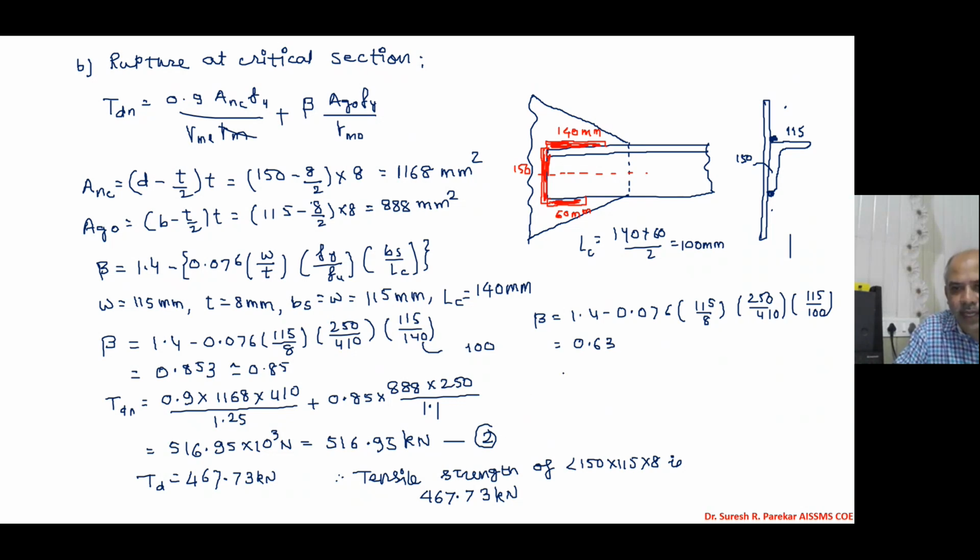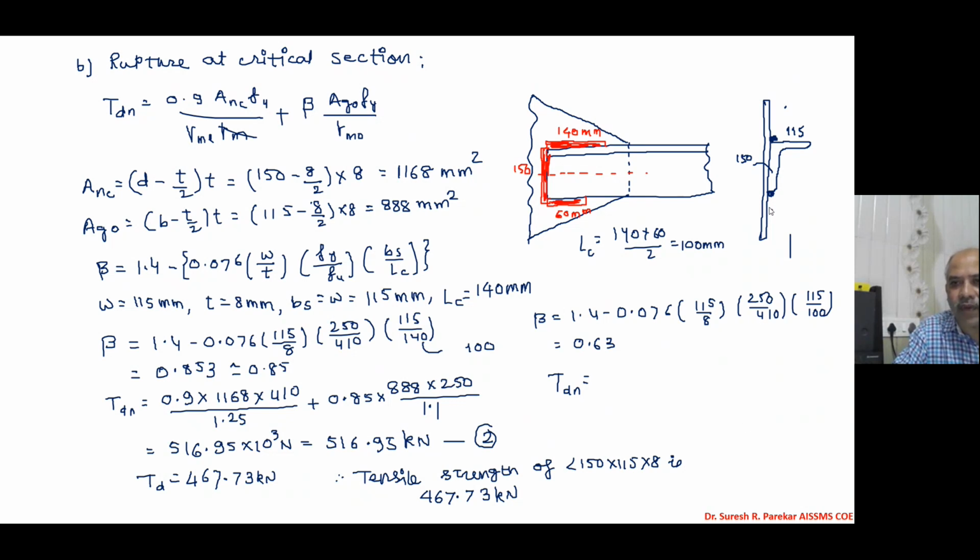And if you calculate Tdn for this value, then we have 0.9 into 1168 into 410 divided by 1.25 plus now we have 0.63, which is beta, into 888 into 250 upon 1.1, and it comes 471.93.